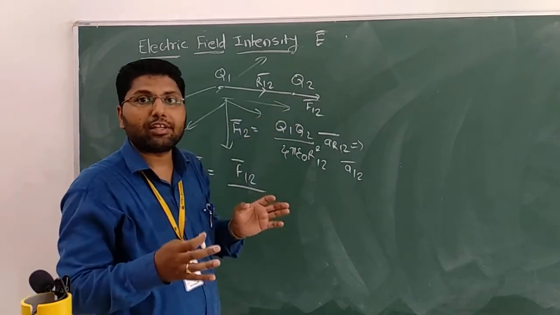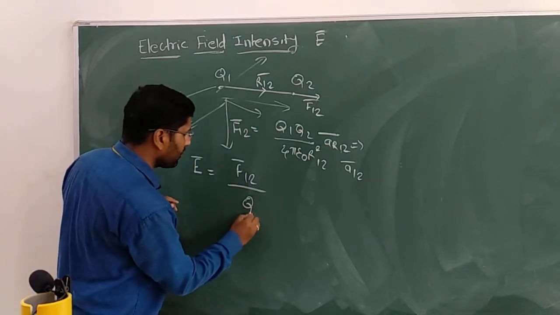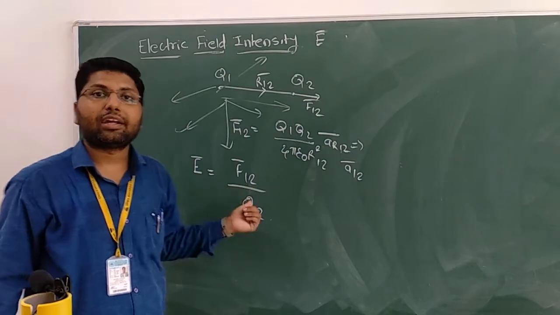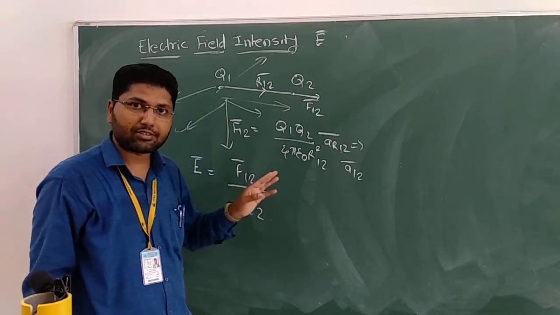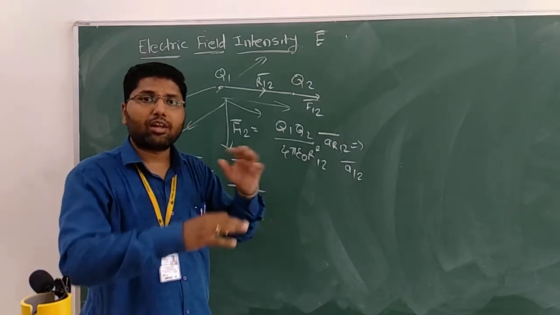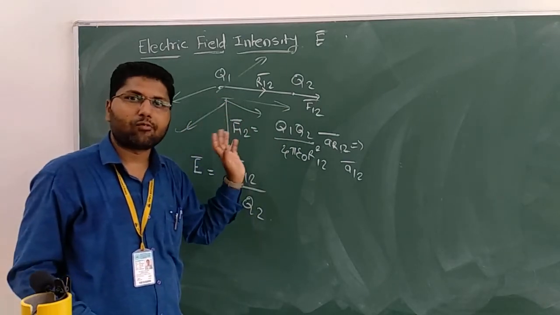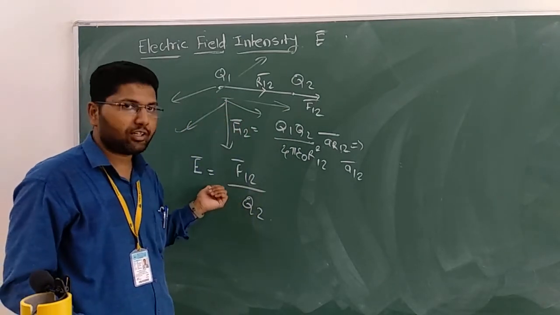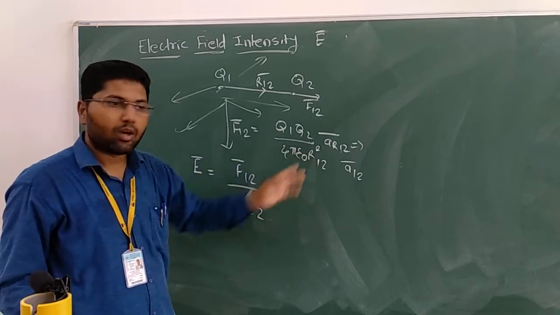Where you want to calculate the electric field intensity, force per unit charge, that is Q2, that is your electric field intensity. I hope you understand what electric field intensity is. It is nothing but the force which is available around the surface or around that charge, called the electric field intensity. So electric field intensity is given by F12 by Q2. If you apply this here, what will happen?